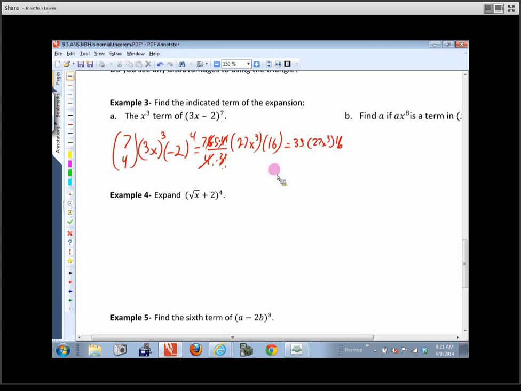So a pretty big number. Go ahead and plug that into your calculator. What is 35 times 27 times 16? What is it? Anybody got it? 15,000? 15,118.